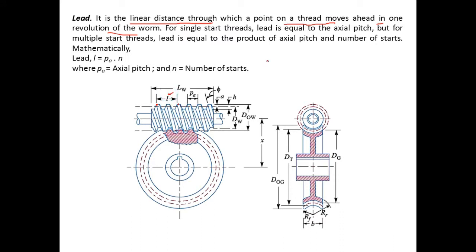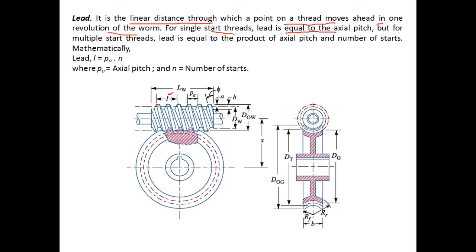In case of single start, you have covered in your machine drawing the single start, double start, etc. If it is a single start, then lead will be equal to PA. Lead is equal to axial pitch if it is single start.